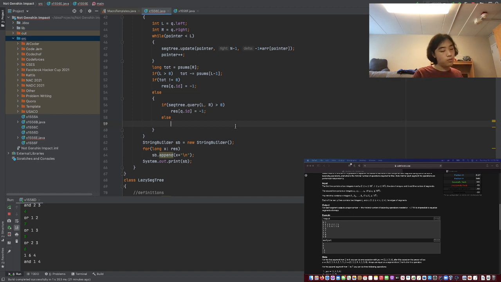Is it always possible to do this in 3 total operations? No, it's not. How would we do this then?